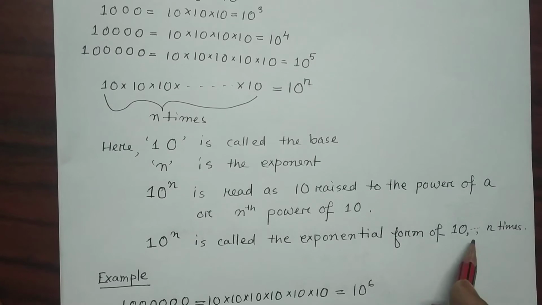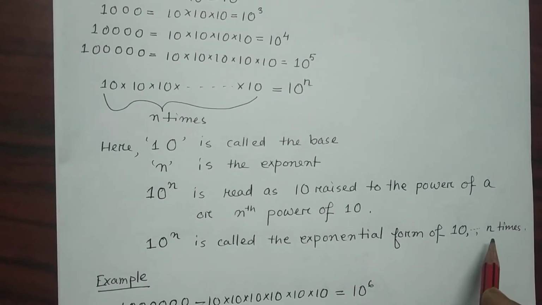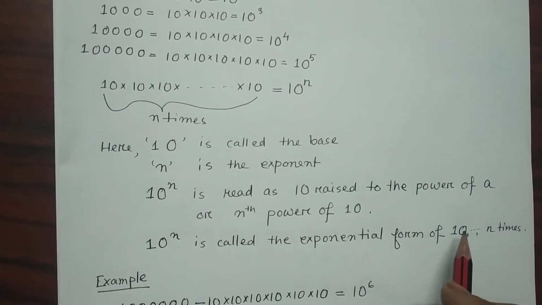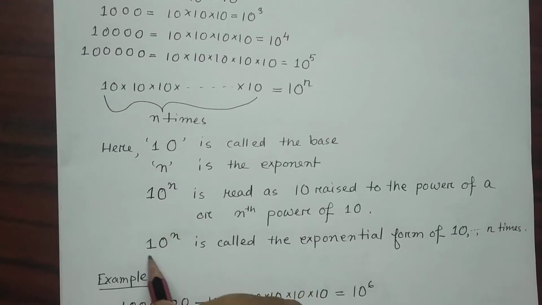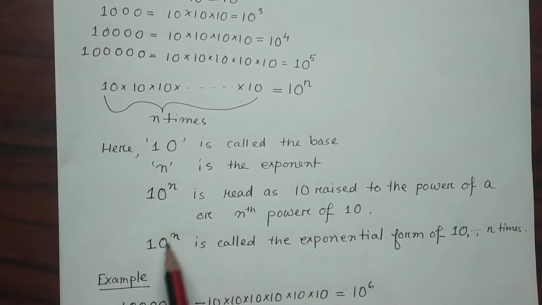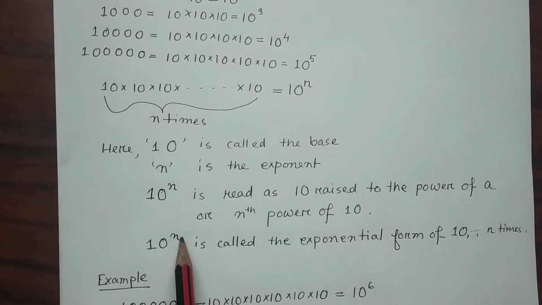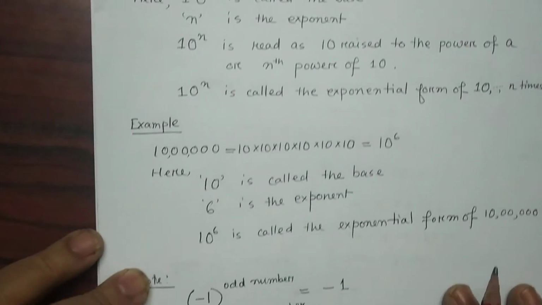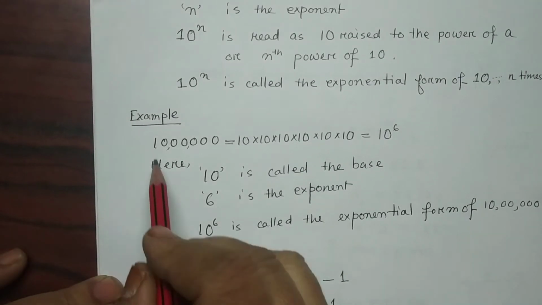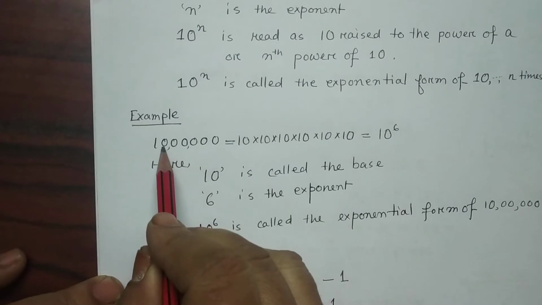That means 10 how many times? n times. And this notation is known as exponential notation. And here 10 is the base, n is the power or exponent. Do you understand?